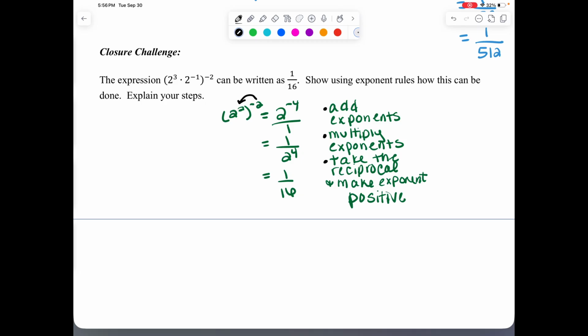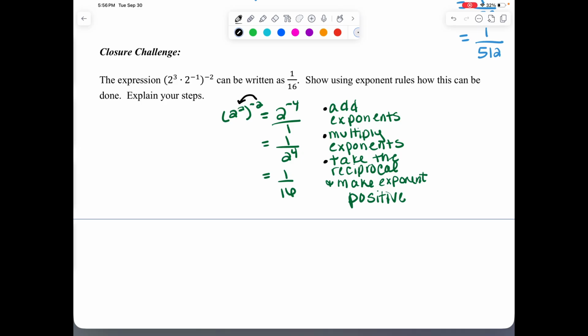So you see I put the 2 over 1. The negative in negative 4 is telling me to take that fraction and flip it. Once I flip it, the exponent that was negative becomes positive. So that becomes 1 over 2 to the positive 4th.